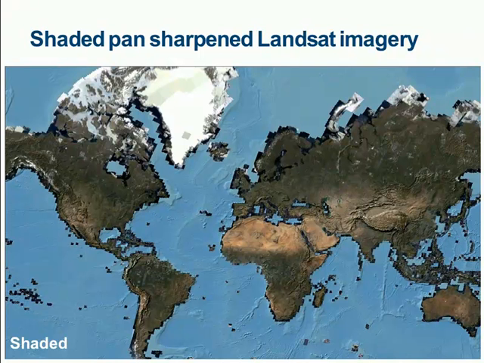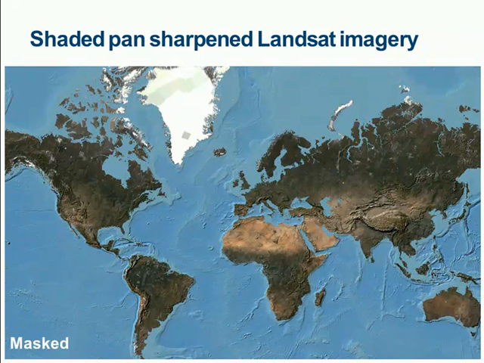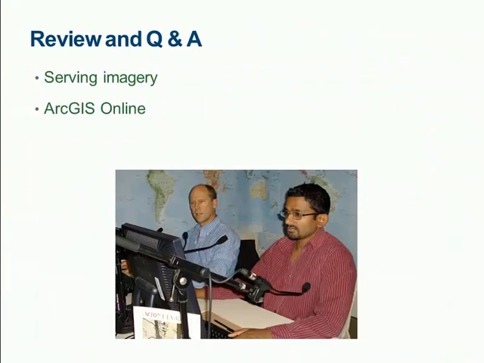So now you can include the hillshade within the imagery. And then we used a mask to eliminate the ragged edges around the coastlines. It's currently available as a dynamic service. It's being processed into a faster map cache, which should be available next week. And this is all being created with the tools that we've shown so far today.